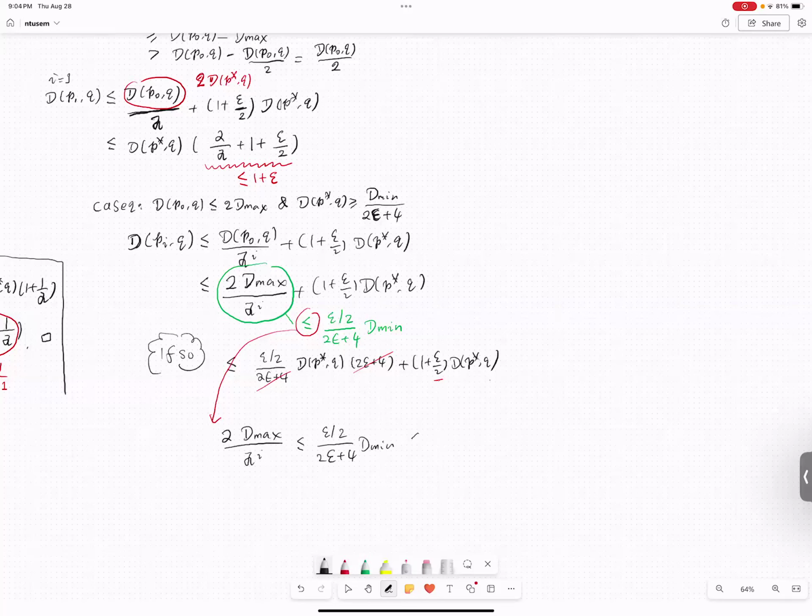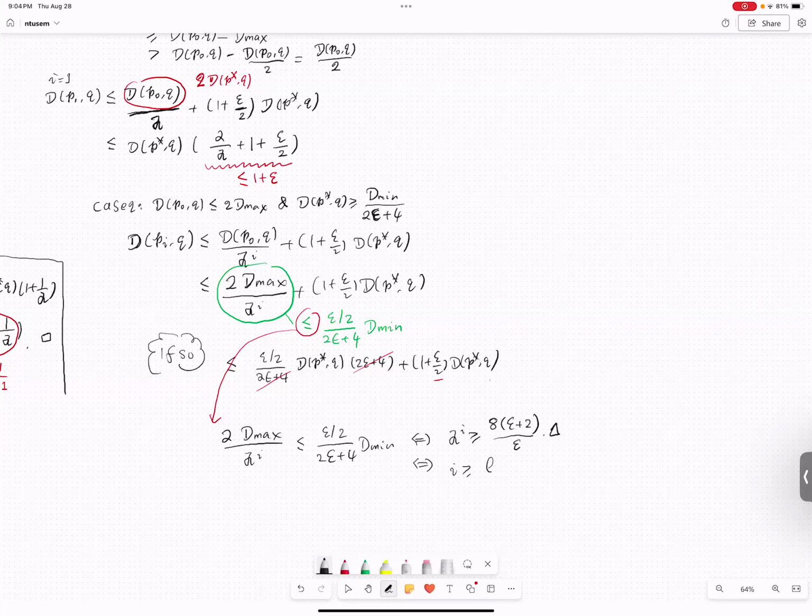So this is telling us alpha to the power of I will have to be larger than or equal to, let me see, 4, actually 8, over epsilon plus 2. And I've got this epsilon here, and also d max over d min, so that's just delta. So this is what I have. That tells us that I will have to be at least this much.